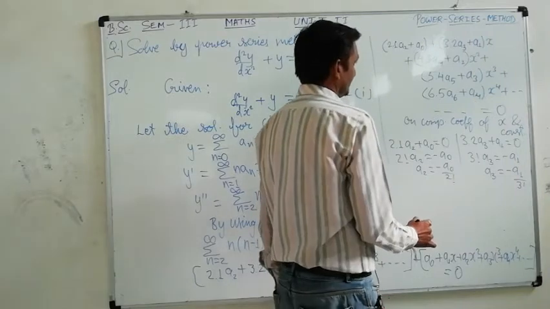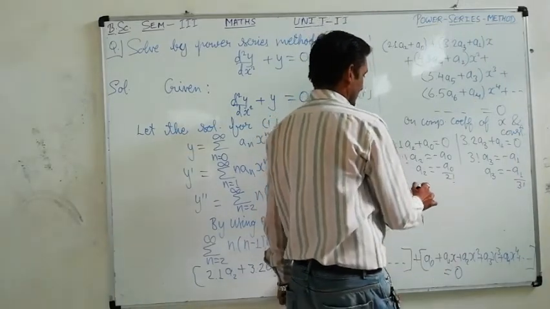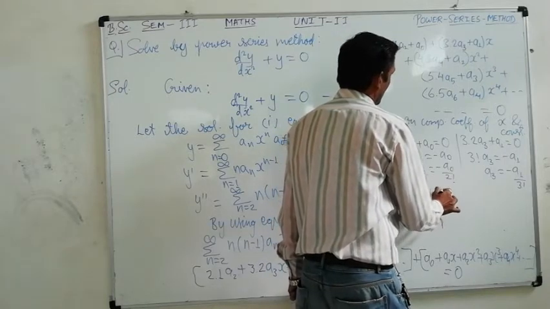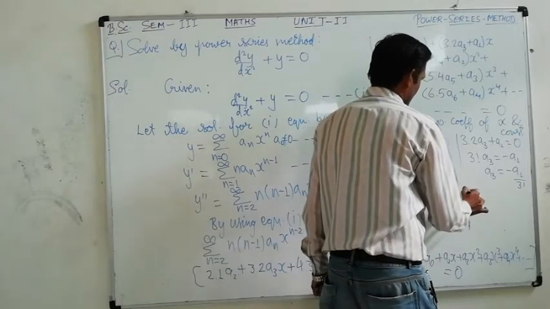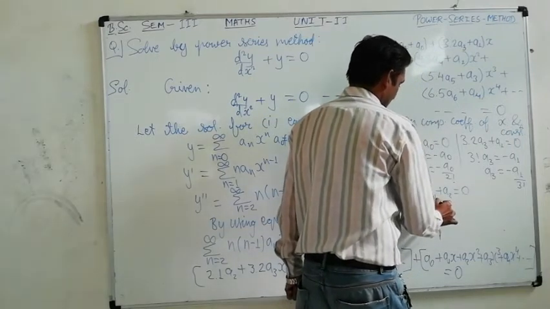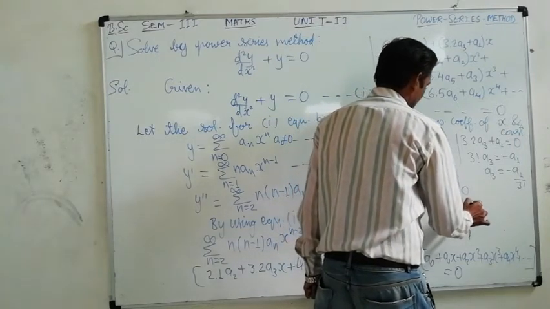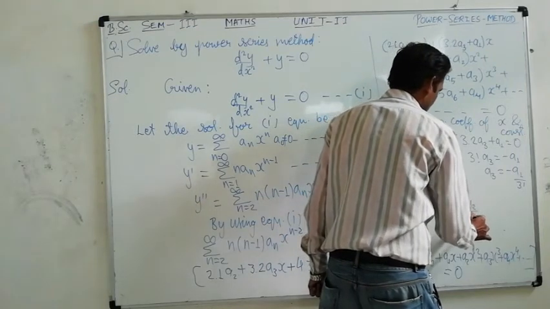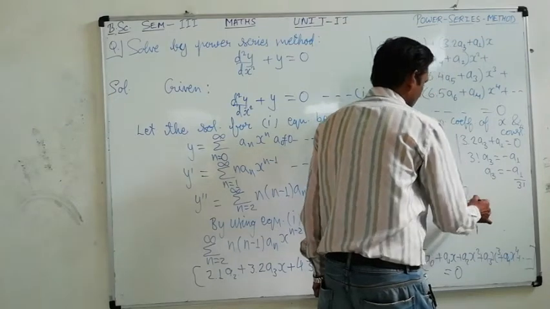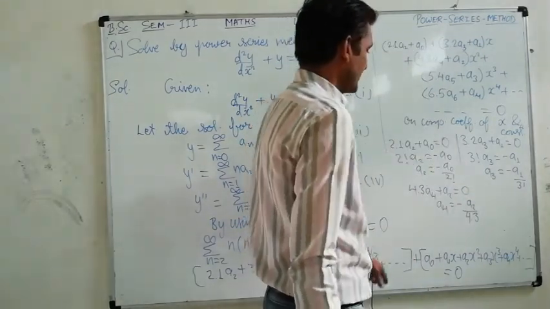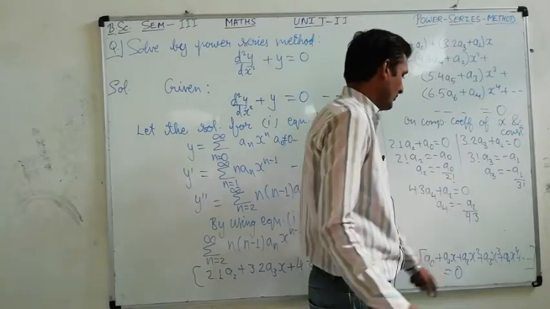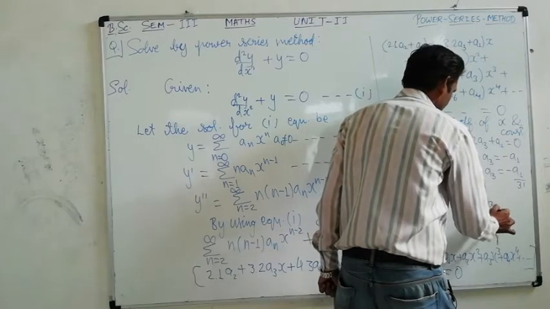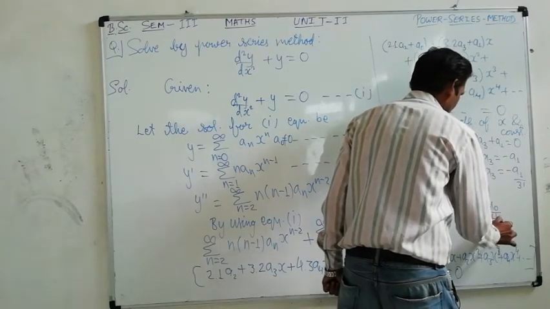Now see, 4 into 3 a4 plus a2 is equal to 0, means a4 is equal to minus a2 upon 4 into 3. But a2 value is minus a0 upon 2 factorial. So, this minus and this minus will become plus. So, it will become a0 upon 4 factorial.